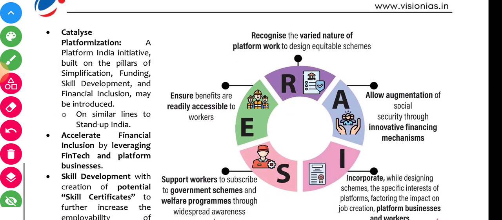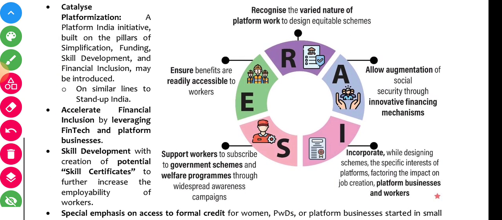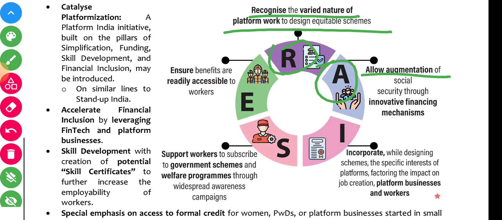What are the keywords for the way forward? R is to recognize the varied nature of platform work to design equitable schemes. A stands for allow augmentation of social security through innovative financial mechanisms.